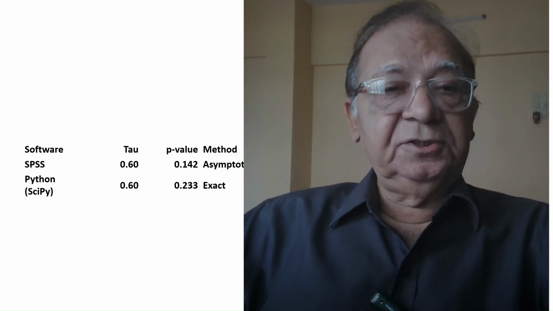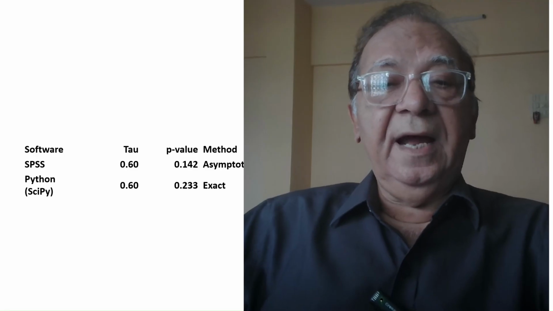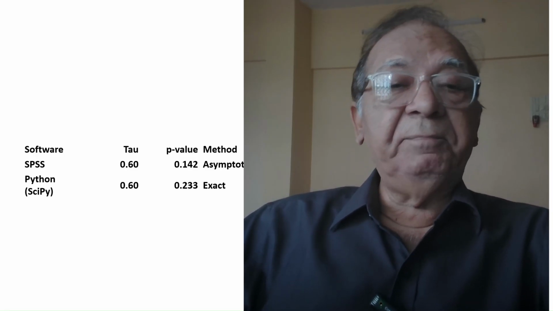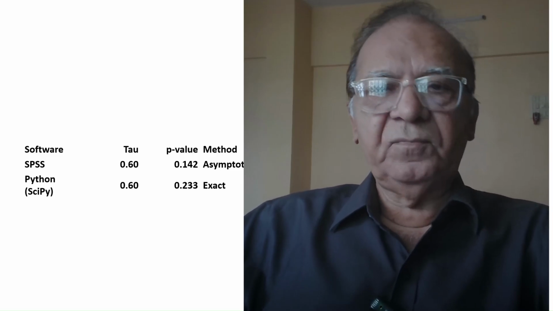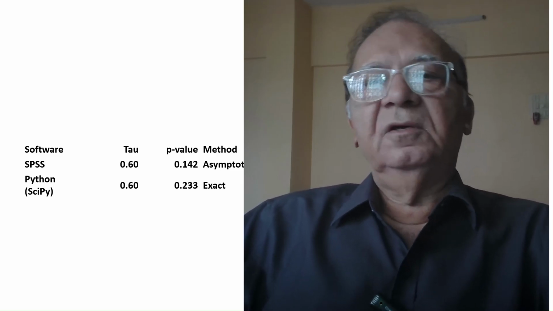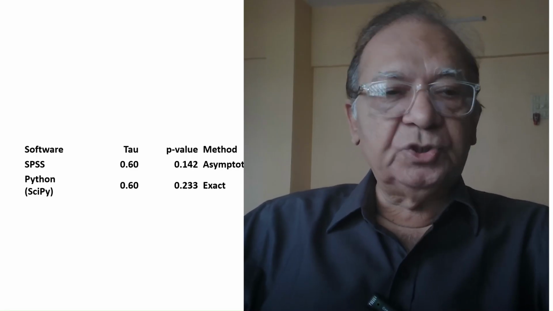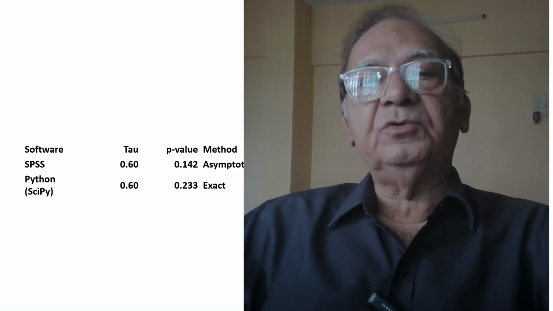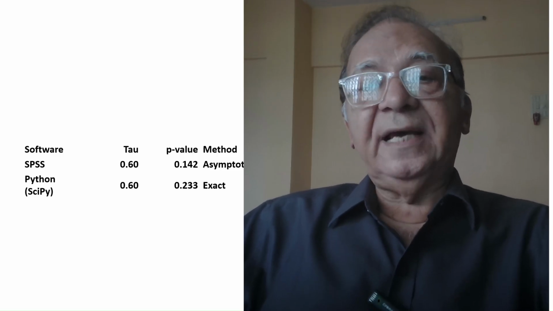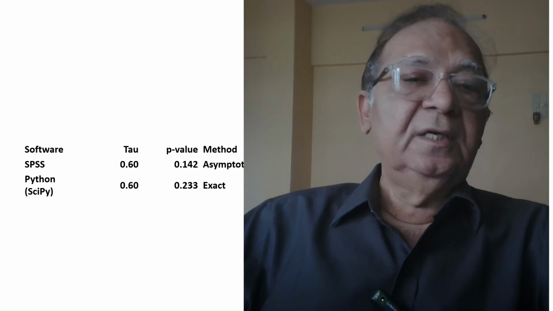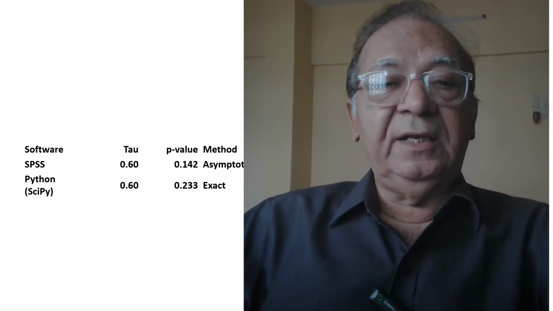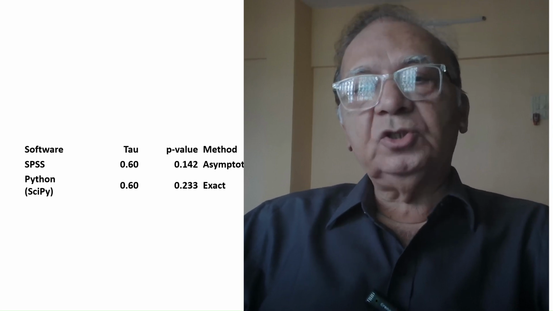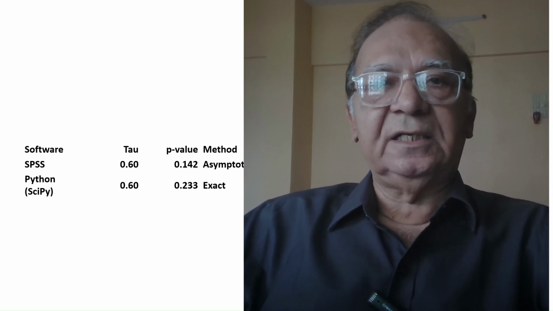Please notice that SPSS and Python produce the same Kendall's Tau coefficient, but the p-values are slightly different. This happens because Python computes the exact p-value for small samples without ties, whereas SPSS generally reports the asymptotic p-value. Although the numerical values differ, both lead to the same statistical conclusion.